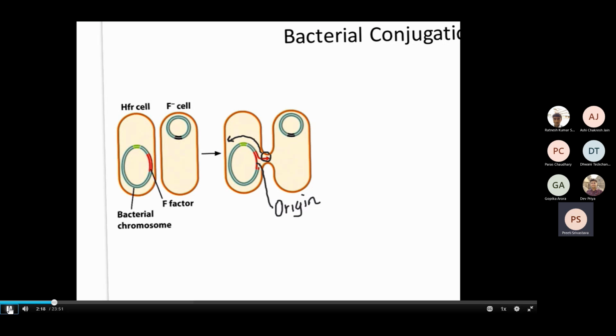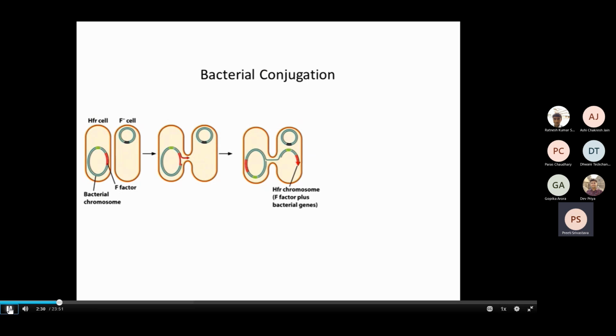As replication is occurring, a single-stranded DNA copy is transferred through the pilus to the F- recipient cell. Then, once in the F- recipient cell, that single-stranded DNA copy is replicated to form a double-stranded DNA molecule.